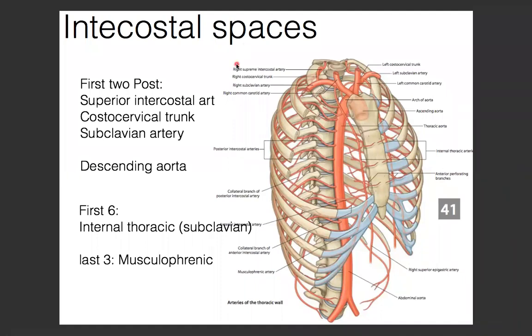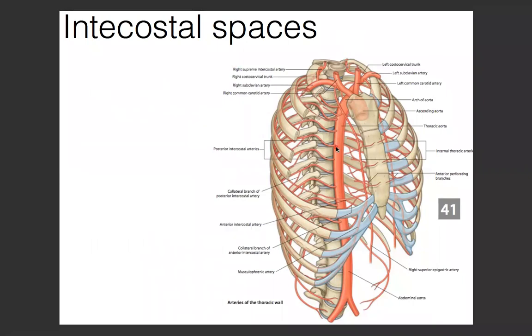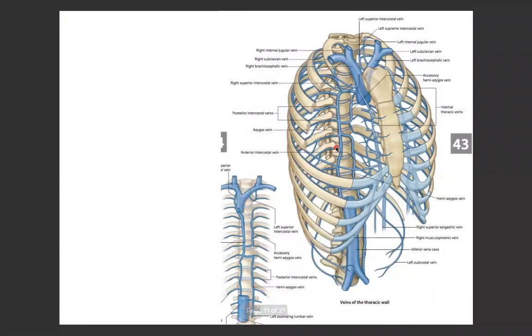Okay, so the veins. The veins are a bit trickier than the arteries, which were simpler. Let's start with anteriorly because it's easier. Anteriorly it's the same as the arteries.